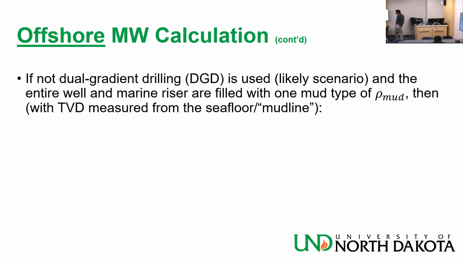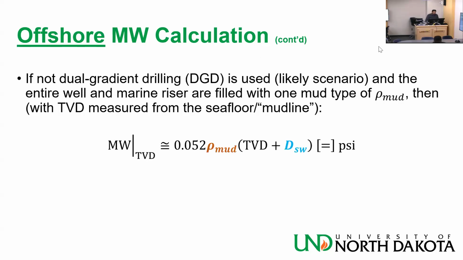Then with TVD measured from the sea floor or the mud line, that would be TVD SS. By mud line we mean the sea floor. You use this equation. I think you understand why. Is it the TVD from the sea floor below, and then the depth of the seawater, right?